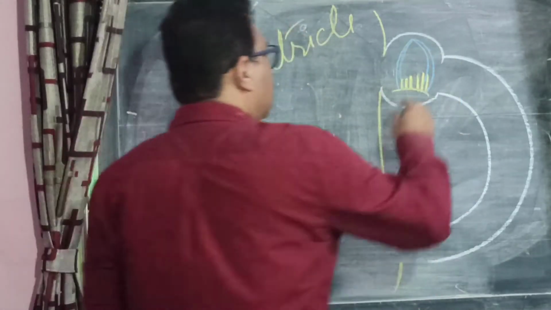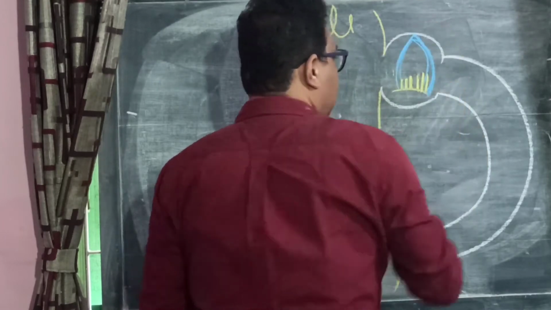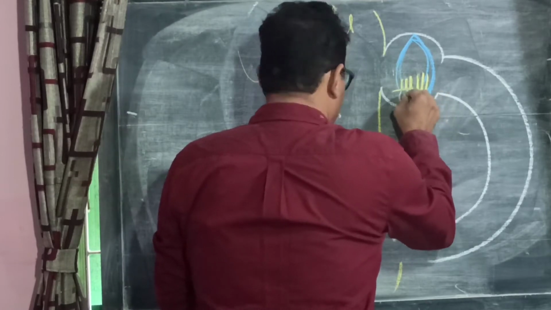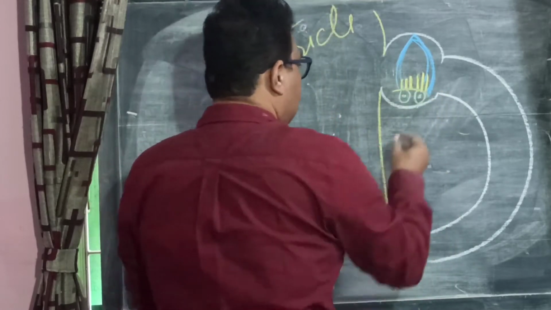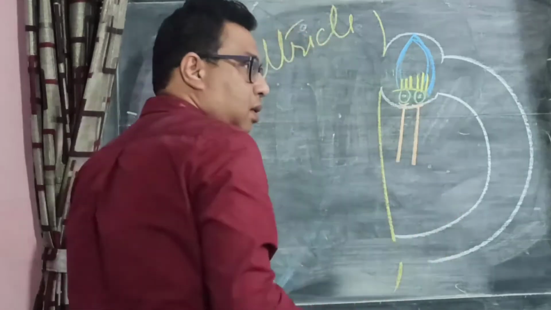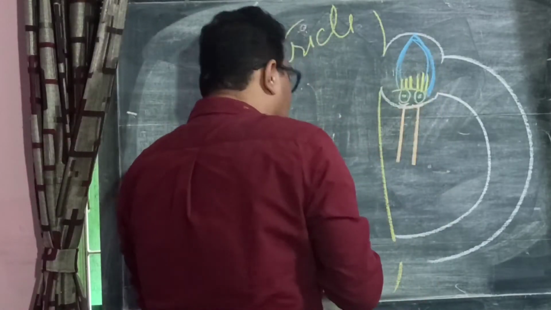This is a gelatinous structure also, and it is completely closing the aperture. These are the hair cells, and you have nerves leading to the vestibular nuclei. So this is the cupula.